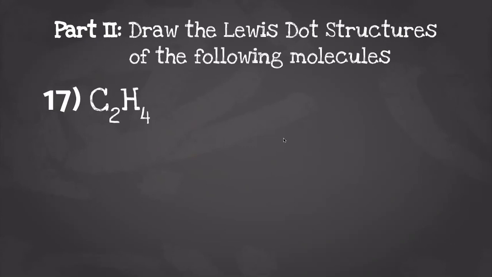Here we have ethylene. Ethylene has 2 carbons. Each carbon is going to have 4 valence electrons. Each hydrogen is going to have 1 valence electron. So for me, what makes the most sense is, okay, I'm going to move my hydrogen here, this hydrogen here, this one there, and now this one here.